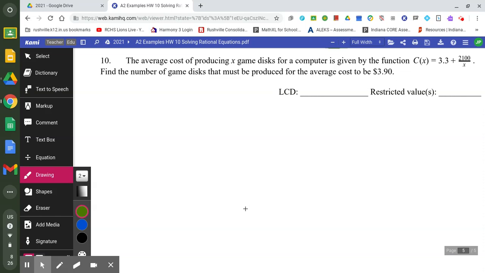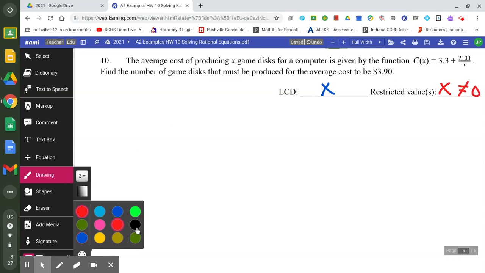Okay, the only terms that we have on the bottom of the fraction are x, so that's my least common denominator. The only thing that x cannot be is 0. So we are going to set up our equation.